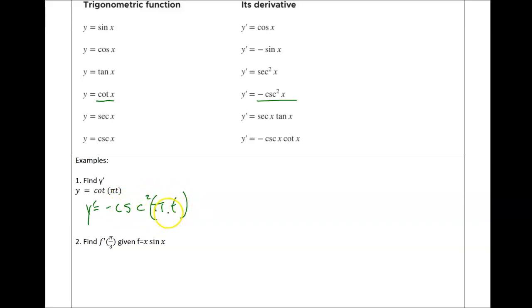And I'm going to put parentheses around everything that's inside of the cosecant, just like the cotangent here had parentheses in it. But I'm not quite done because I need to do chain rule. So the derivative of pi times t is pi. So make a note of this again, that we have to do chain rule anytime I have a function within a function.